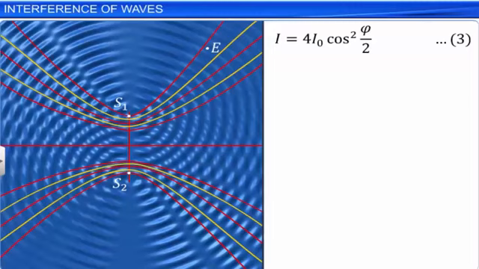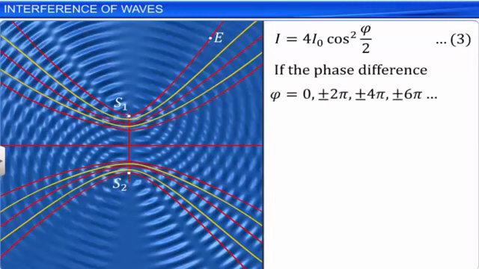If the phase difference phi is equal to 0, or plus or minus 2 pi, or plus or minus 4 pi, and so on, then cos phi by 2 is 1, and hence I is equal to 4I0. These points represent the interference maxima. This is the general condition for constructive interference in terms of phase difference.